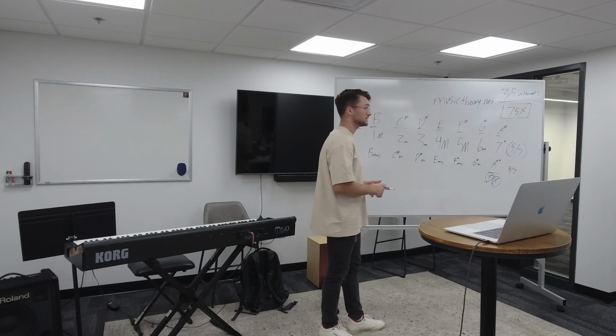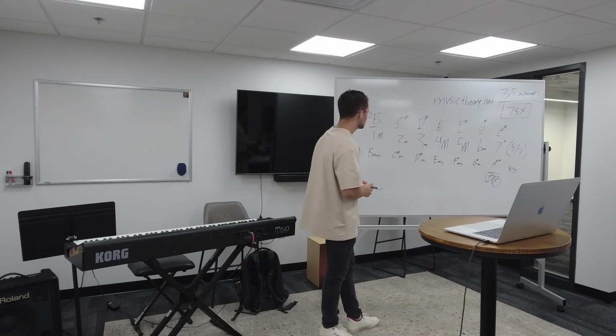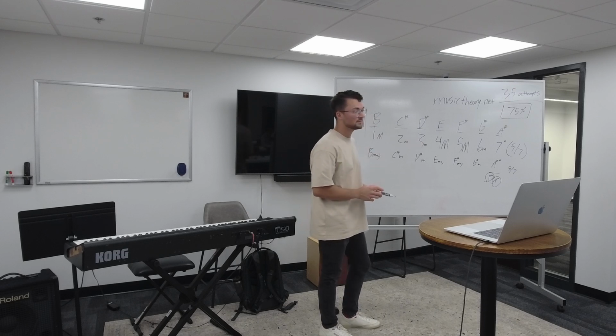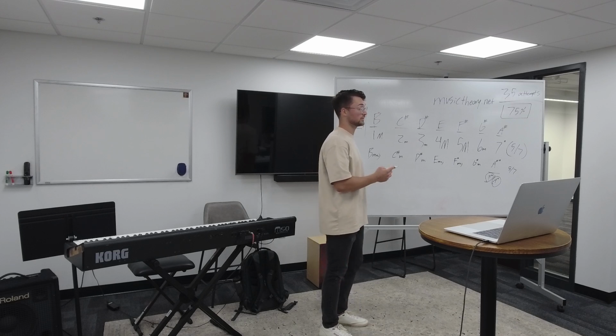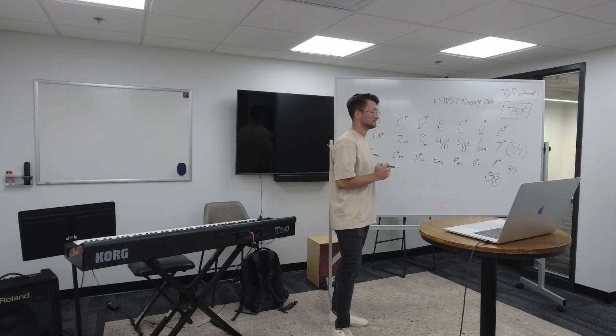So if we're in the key of C, someone tell me what the 4th note of the C major scale is, and then tell me what the 4th chord of the C major scale is. Yeah, the 4th note of the C major scale is F. And then what's the 4th chord of the C major scale?